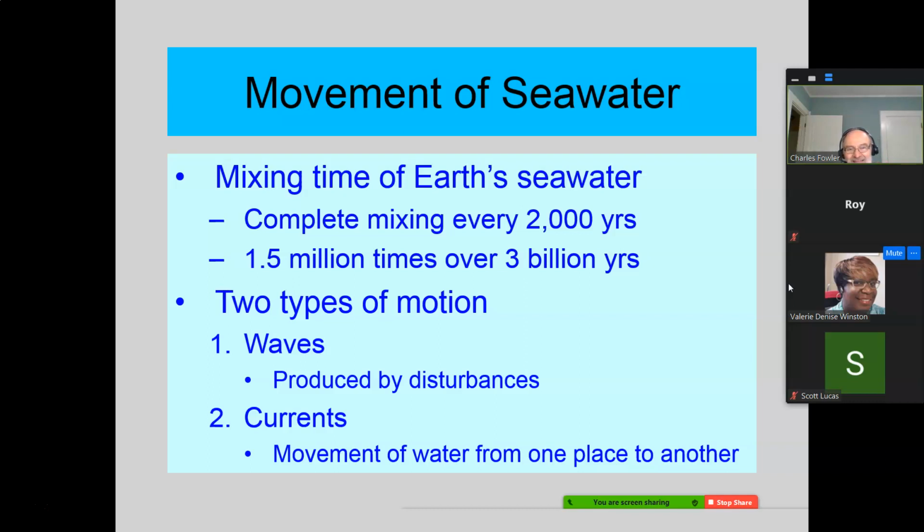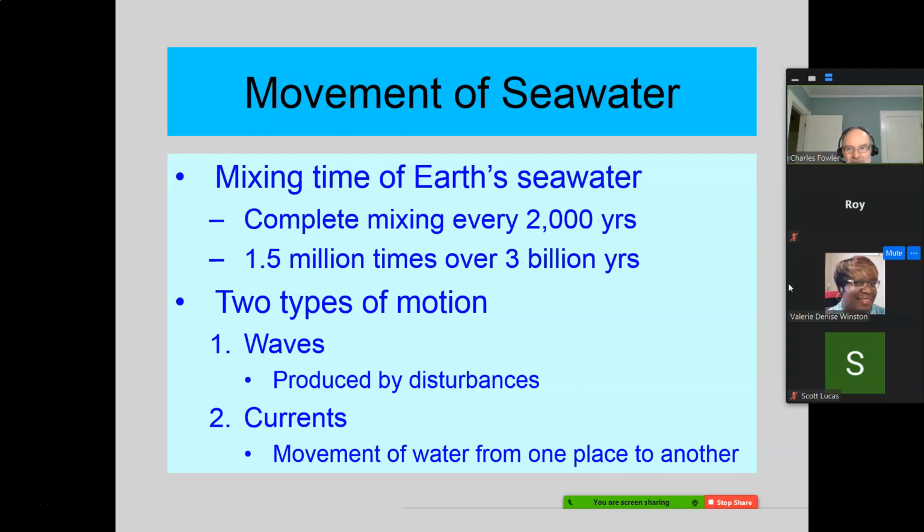So there's a good chance that some water that was in some dinosaur many millions of years ago, you probably have a drop or two of that water in your body, okay? Or you have had sometime in the past, or you will have sometime in the future, because all the water has been mixed 1.5 million times over 3 billion years.